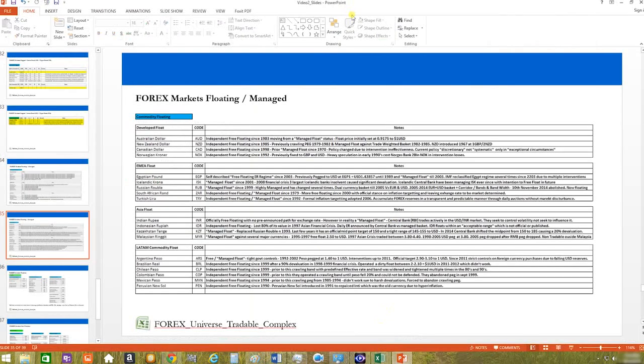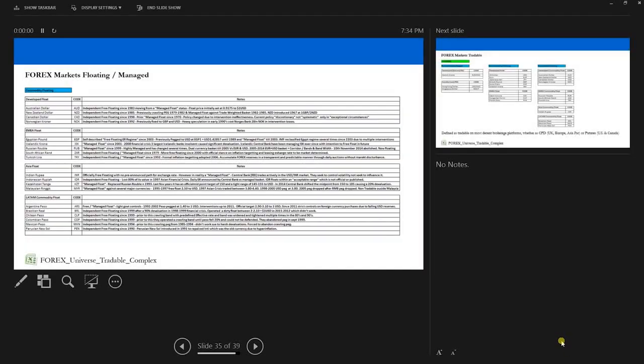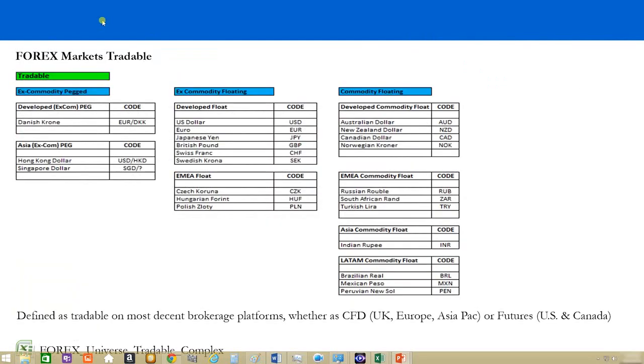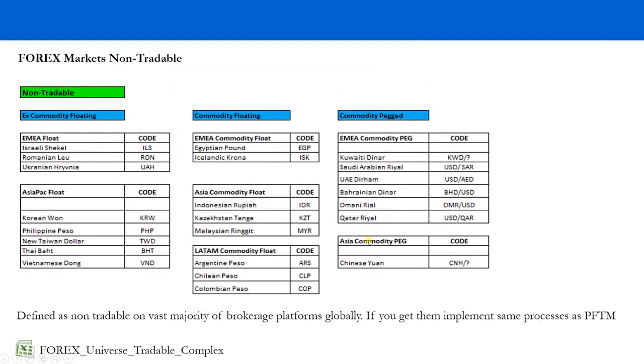So again, download the spreadsheet, go through the process yourself, understand how we've got to this point, and you'll be able to do that in your own time. We have the tradable complex here.